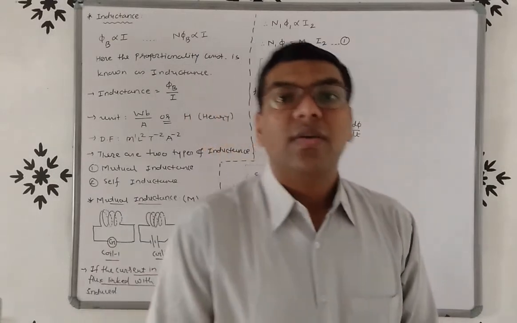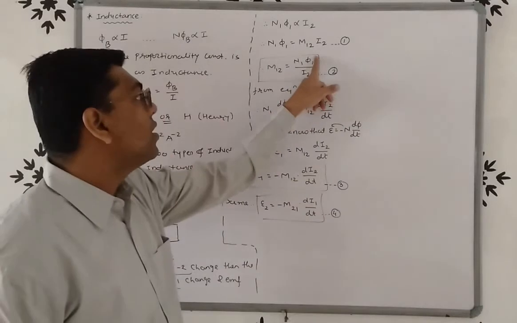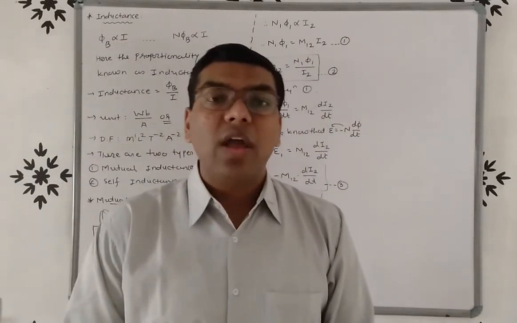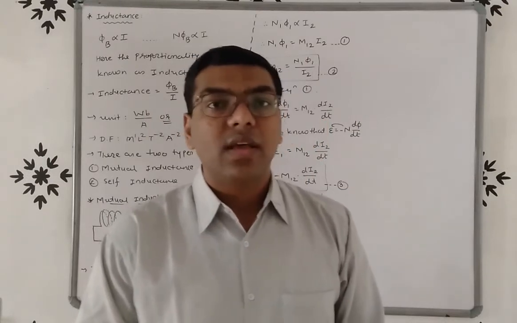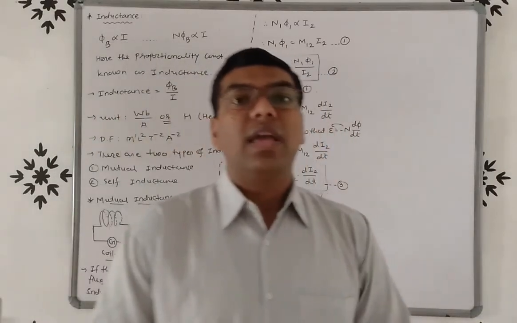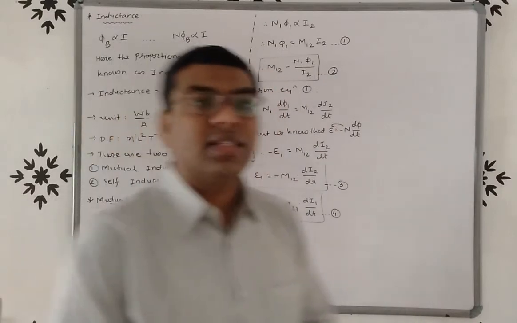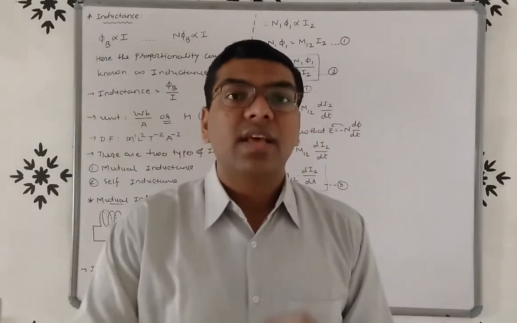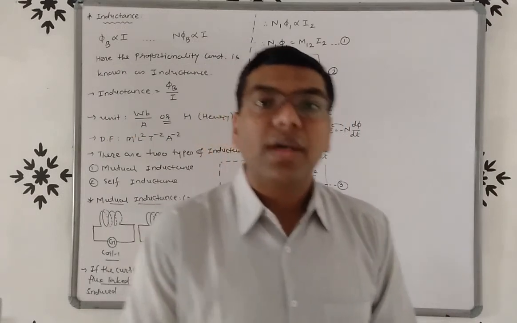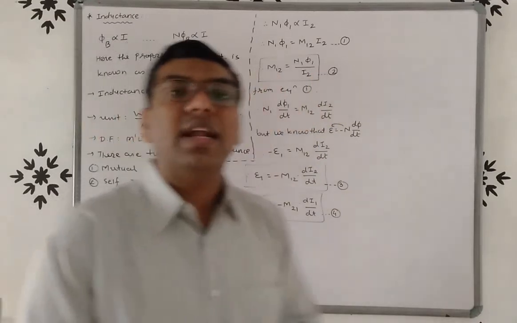So we can define the mutual inductance like this: the flux linked with one coil of the 2 coils per unit current in the other coil is known as mutual inductance. I repeat once again: the flux linked with one coil of 2 coils per unit current in the other coil is known as mutual inductance.